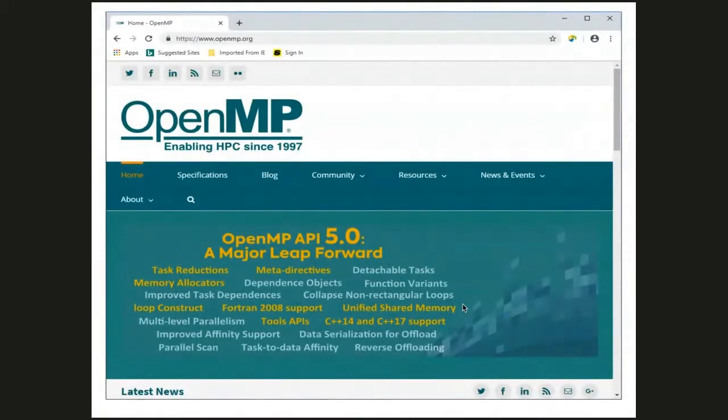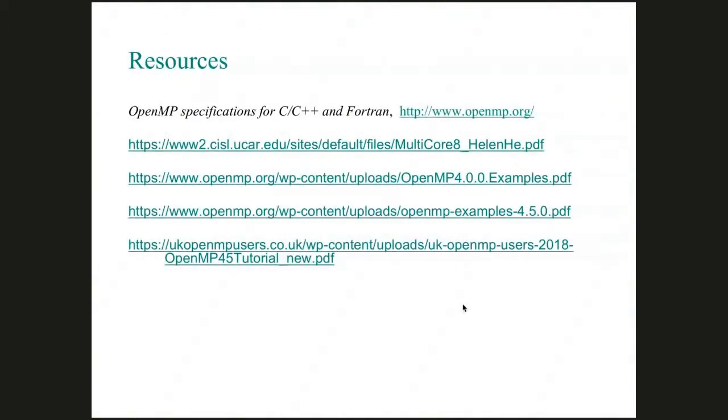So the main resource for OpenMP is www.openmp.org. They have all kinds of resources there, and certainly we can find some online resources. Some of my slides I took from online resources as well.